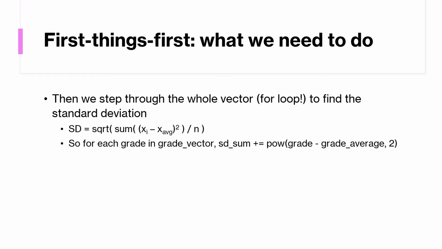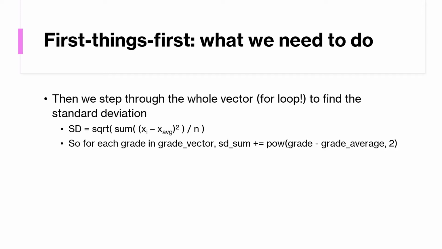Then we're going to step through the whole vector. Okay, that's going to require a for loop to find the standard deviation. Now, in case you don't know, standard deviation is the square root of the sum of the squares of the differences between each individual value xi minus the average x. Okay, so grade minus grade average squared, or in C++ terms, pow of parentheses grade minus grade average, comma 2.